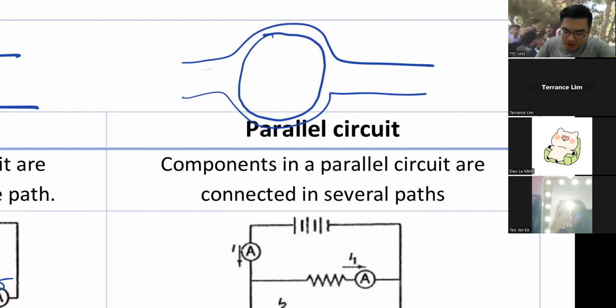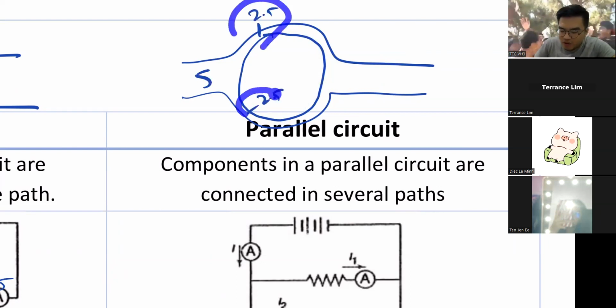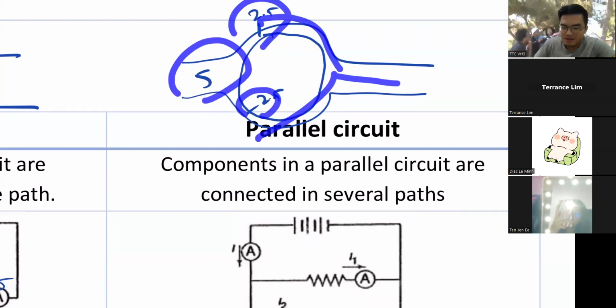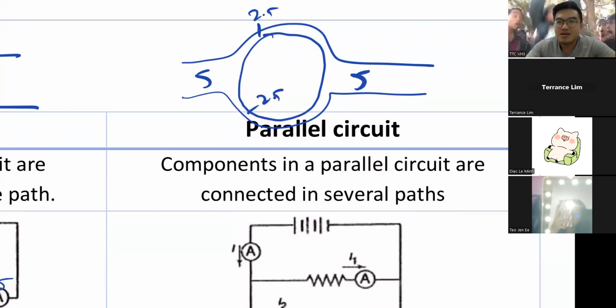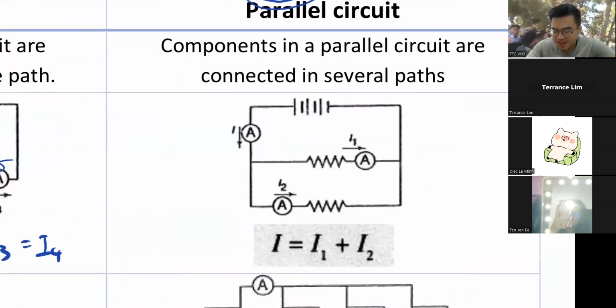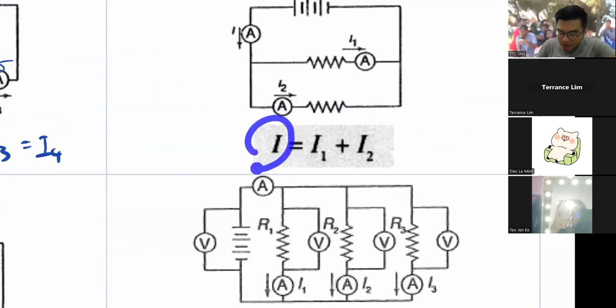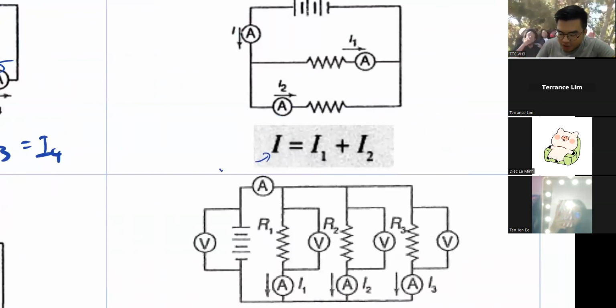That means if this is a river of 5, this will become 2.5, let's say, and this will become 2.5. And when the 2.5 and 2.5 join back, they become 5 again. So you see, the main river width is equal to the first river width plus the second river width.